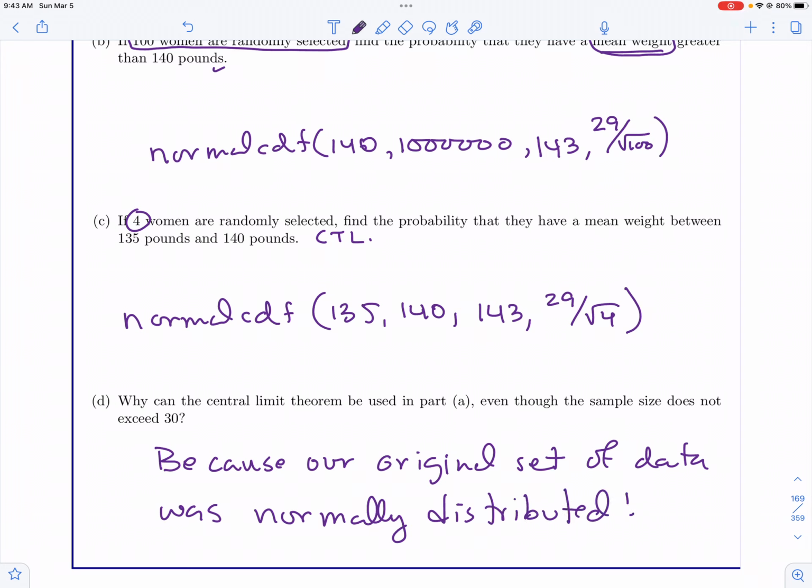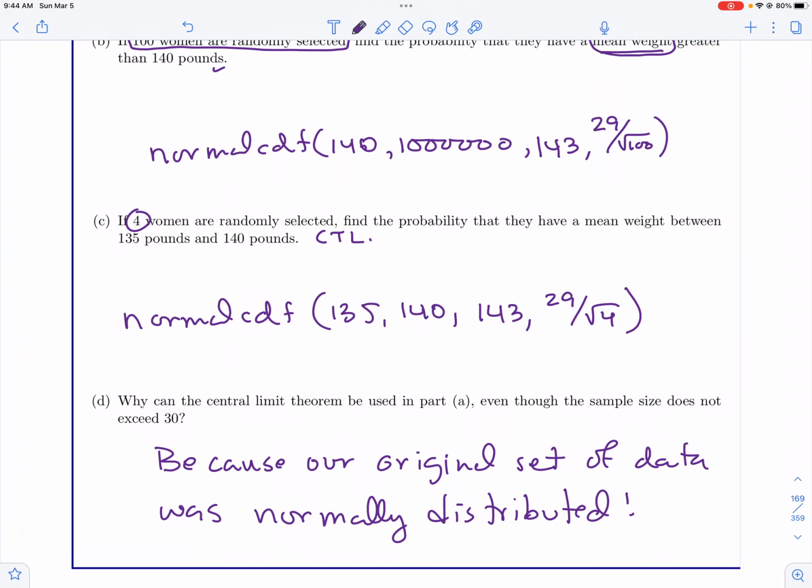So if we've got a normally distributed curve, then it doesn't matter the sample size or the size that we're interested in studying. Unless it's 1, I mean, even then you could use the central limit theorem, but when you're dividing by 1, it's just going to be the same thing as the original. But you could do 2 or 3 or 4 or any number like that.